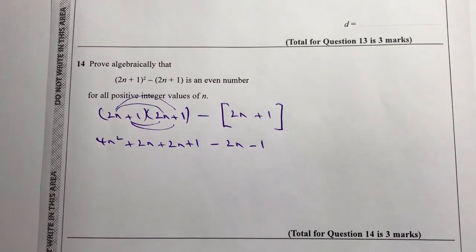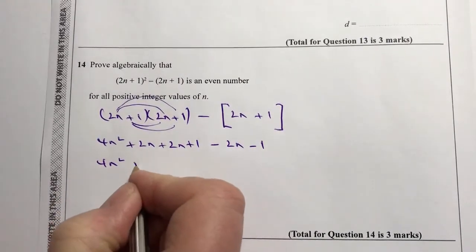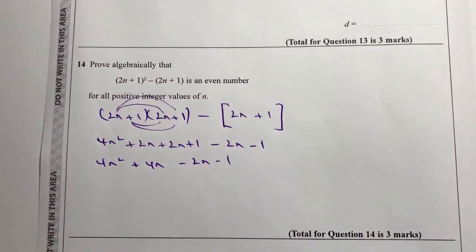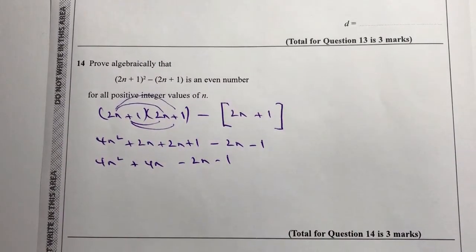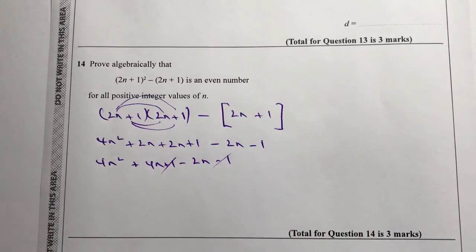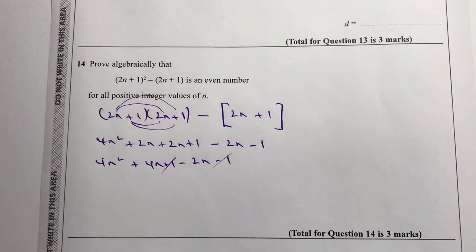The good thing about these sorts of questions is that although they look a little bit scary to begin with, you're usually able to make them look neater. I can lose this plus 1 and this minus 1, and then I've got plus 4n minus 2n, which is plus 2n.